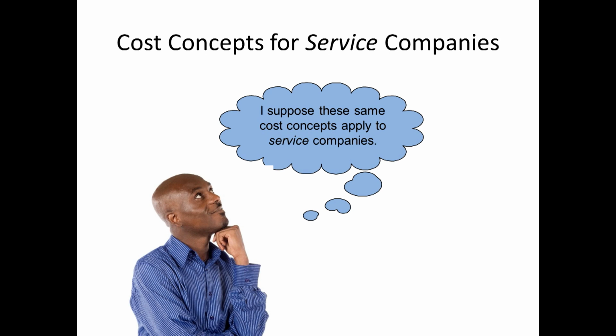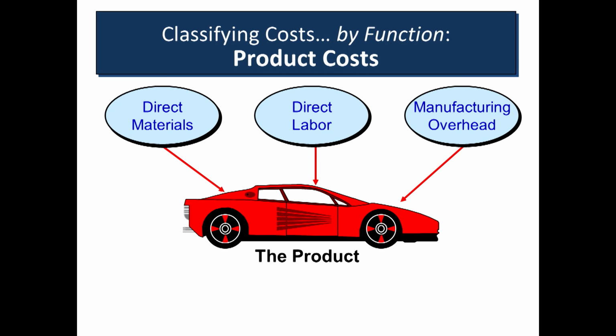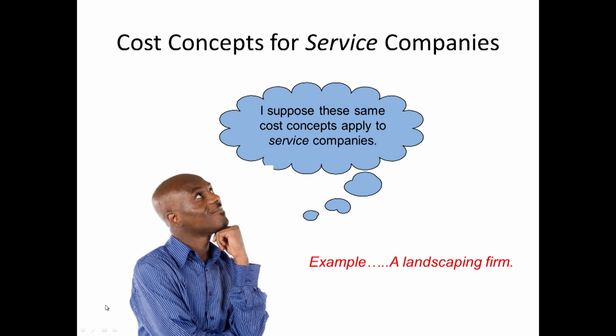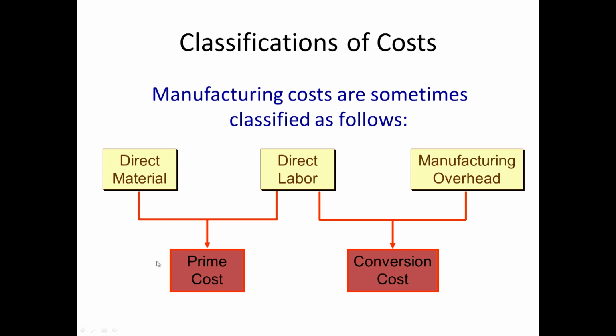Okay, we have our product costs. Now, another thing I want to point out real quick is these terms that you should know called prime costs and conversion costs. If we add direct materials and direct labor together and treat those as one, those are our prime costs, okay?